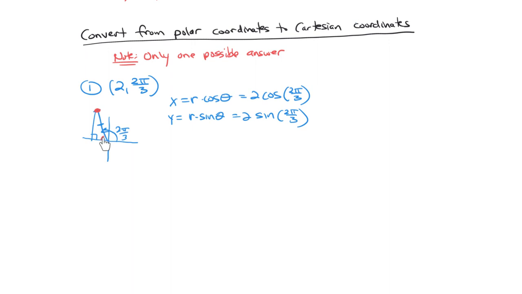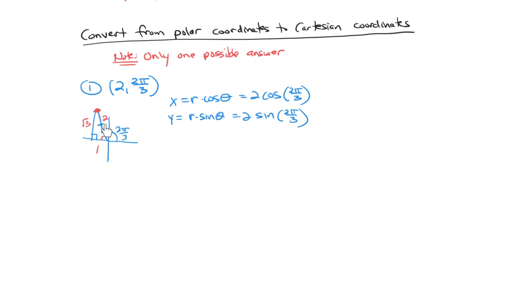So if that's pi over 3, this is a special triangle because this side is 2. So think of the special triangles. If that's pi over 3, this is going to be pi over 6, right? It's pi over 6 here. This is pi over 3. So this would be the shortest side, so this would be 1. And then this other side would be the square root of 3.